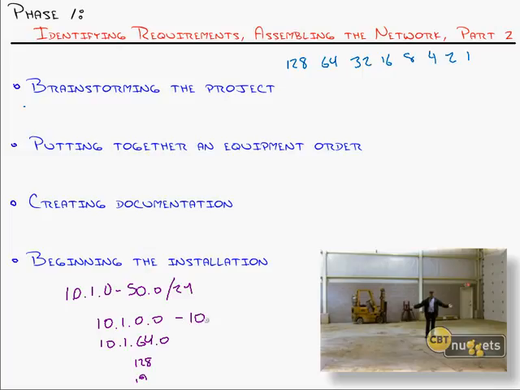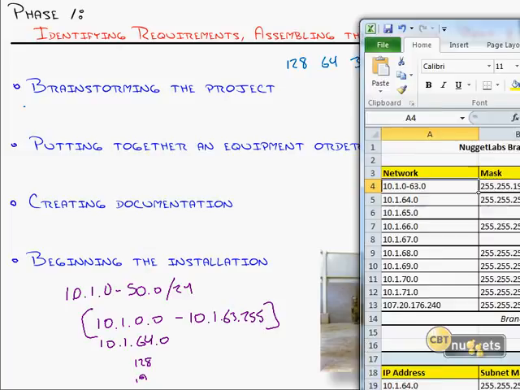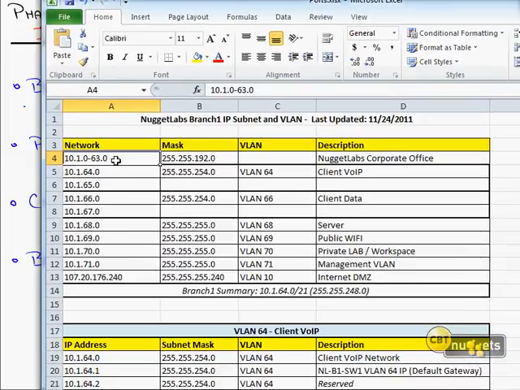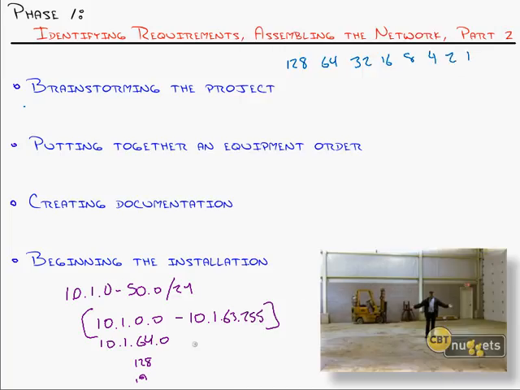This goes through 10.1.63.255. The entire corporate office fits in there. Now, does it go a little beyond? Yup. That's okay. It's private addressing. It's okay. We can waste a few addresses. So what I did was I said, well, 10.1.0 through 63. And you might say, well, where'd you get that mask from? Well, once I realized that an increment of 64 is able to sum up all of this.